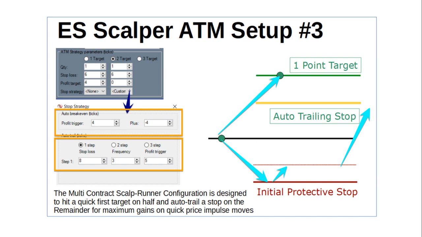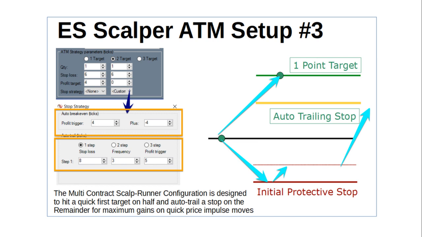The real potential is hitting that first point, getting to virtual break even, and then that second part of your position is wide open. That thing could run 10 points if it wanted to, right? So you've opened up the floodgates, but you've protected against risk. That's what this ATM strategy is good for.